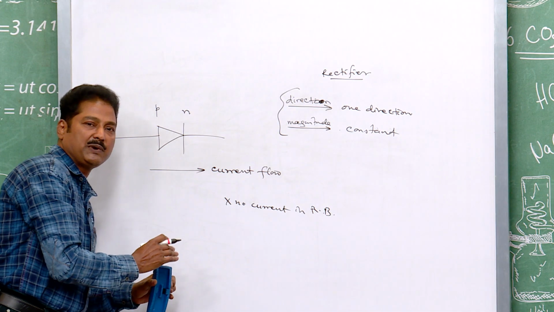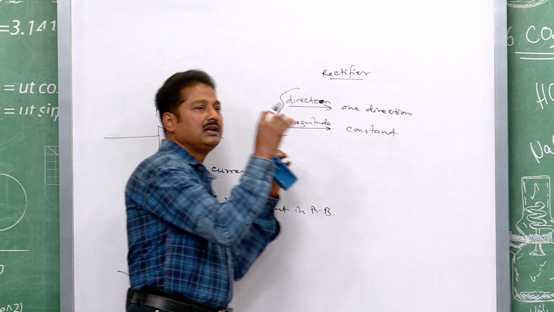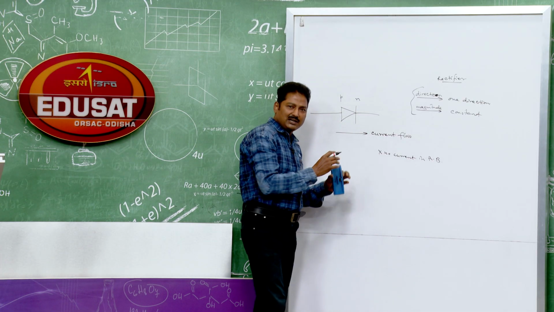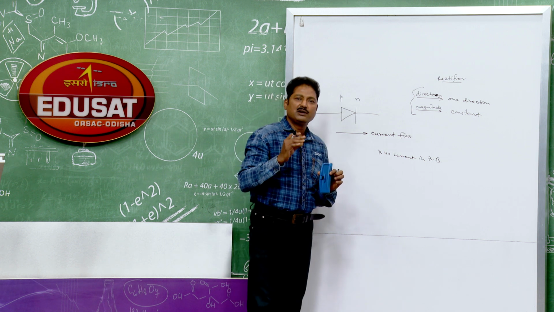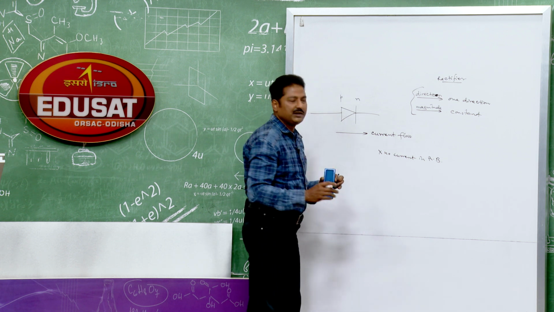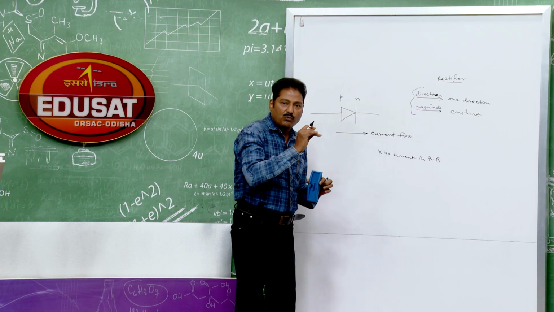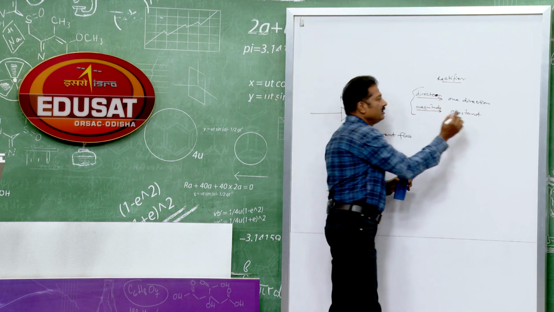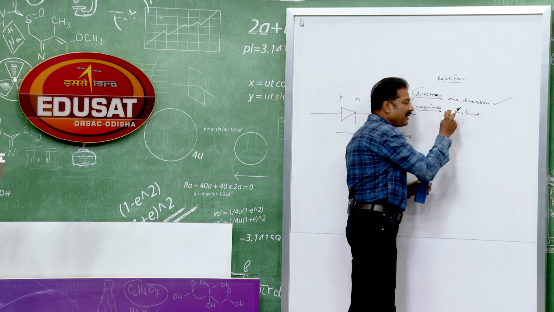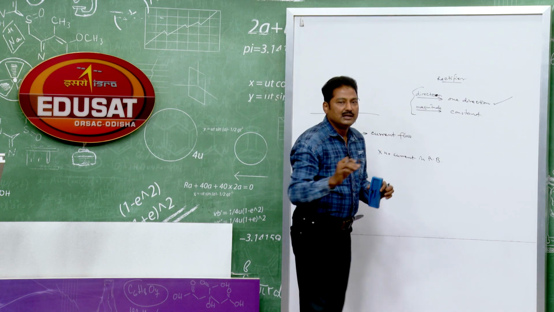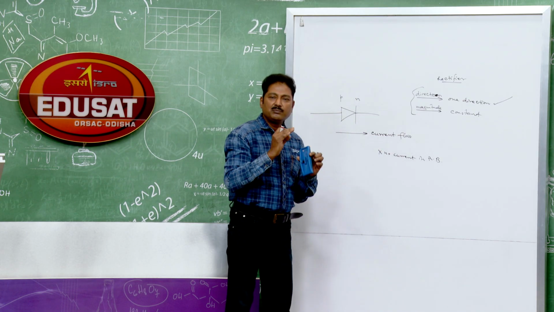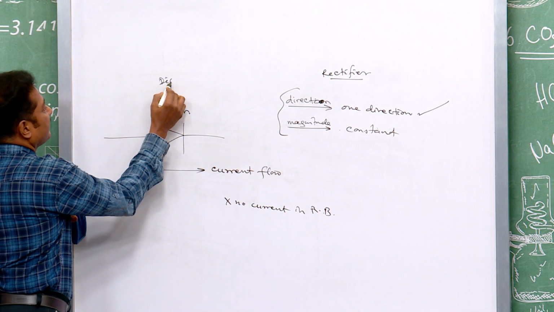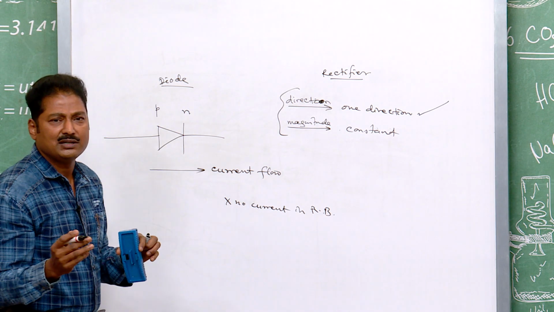This unidirectional property will give you the rectifier device. And how is it connected to the valve? Valve or tube means that the current should flow in one direction, and this is your one direction. So, in a rectifier we need one direction, and in a valve the property of the flow is in one direction. You come to your diode, and in the diode it is the same, one direction. How?